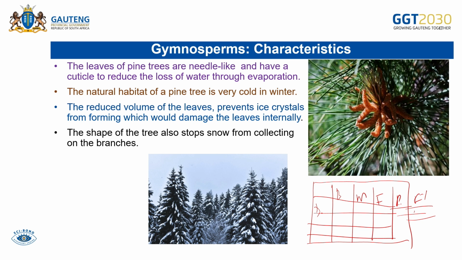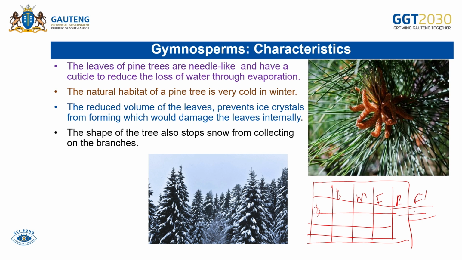All right. So therefore you find in a pine tree, the male cones are always found on the upper branches, and the female cones are always found on the lower branches of a pine tree. Why is that important? Why is the location of cones so important in a pine tree? Imagine if the female cone was on the upper branches and the male cone was on the lower branches. The spores will never reach the female cone.